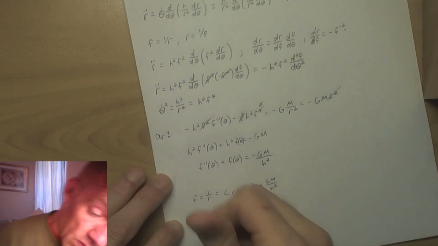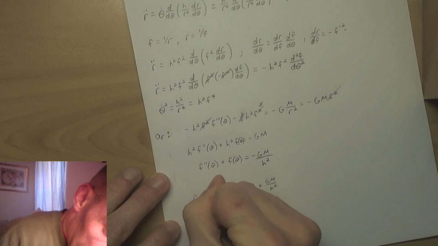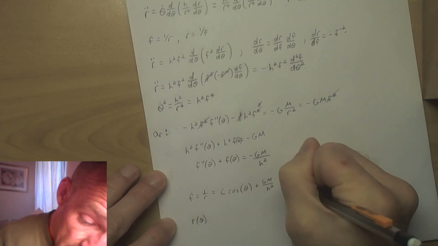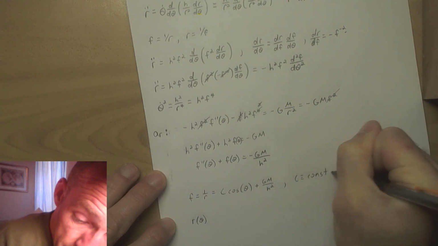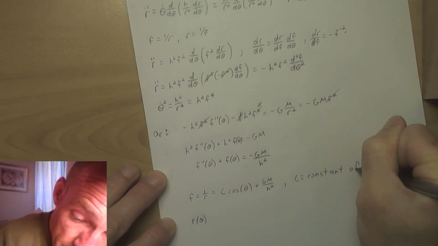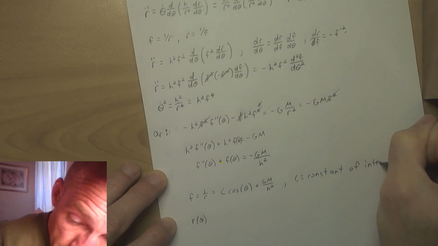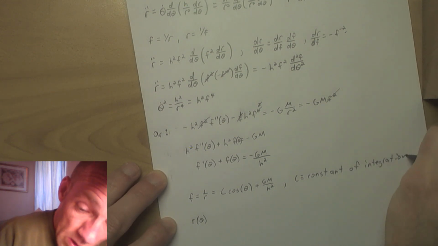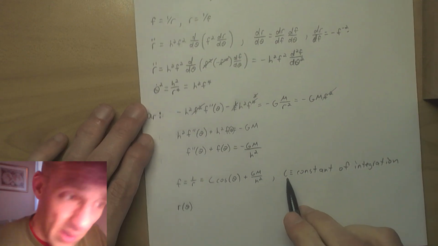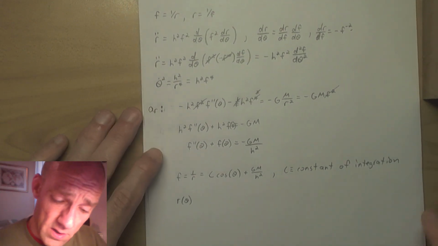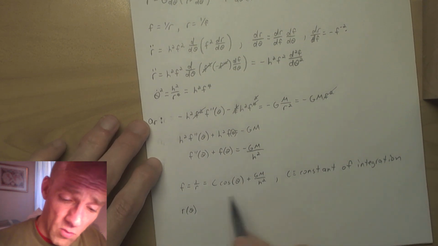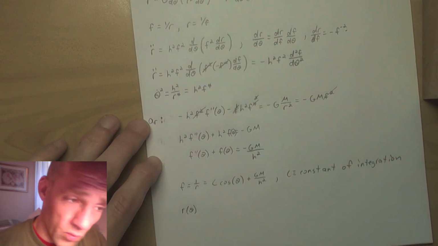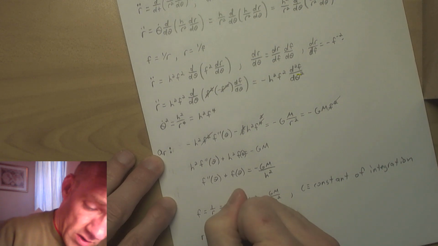And so r of theta, C is a constant of integration, just like h was earlier. It's like an arbitrary constant that defines, as we modify C, a whole family of solutions, just like typical differential equations.